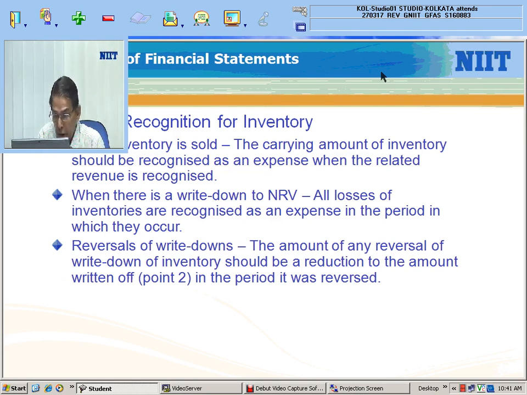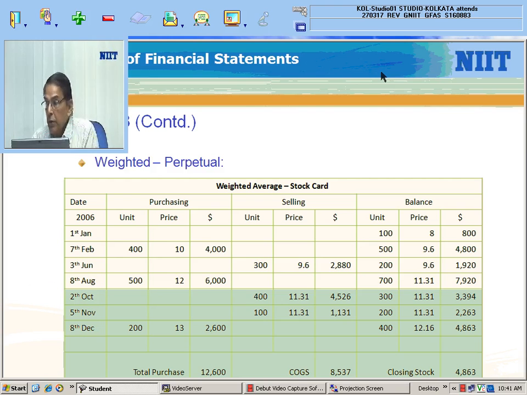Perpetual. Perpetual because when you are maintaining under perpetual, every time you make a sale or a purchase, you are reworking the average cost.